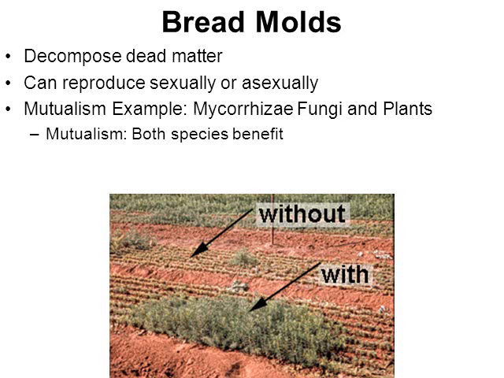One thing I want to mention about bread molds is that they're a great example of a mutualistic organism. Bread molds have a mutualistic relationship often with plants. There's a special kind of bread mold by the name of mycorrhizae, and it's a great example of a mutualistic relationship with plants. The mycorrhiza fungus and the plant live in mutualism, a relationship where they both benefit.